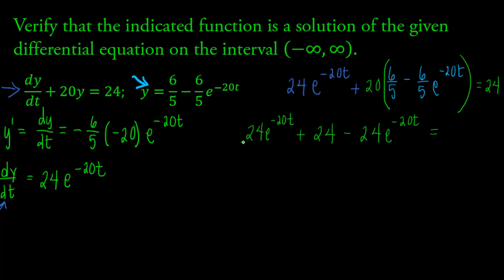Now you see that we have a positive 24e^(-20t) and a negative 24e^(-20t). Based on our history with algebra, you should remember that these will cancel each other out.